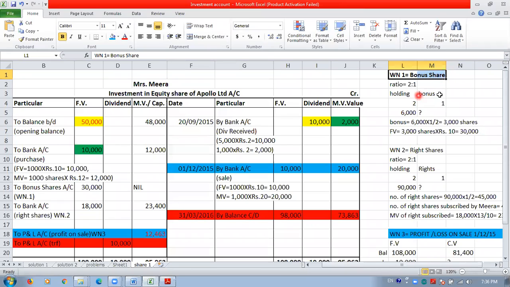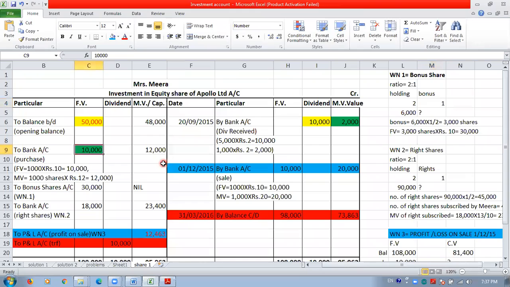The ratio is 2:1. So if we hold 2 shares, then we will get 1 bonus share. Then here in case of Mrs. Meera, she holds 6,000 shares. How is it? The opening balance is 50,000 and the purchase is 10,000. So the number of shares is 6,000, right?